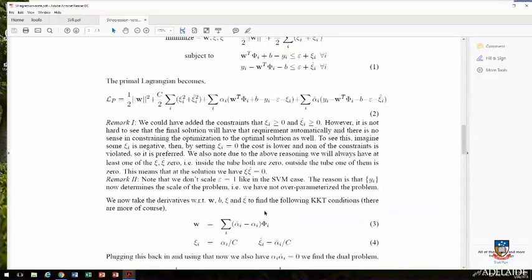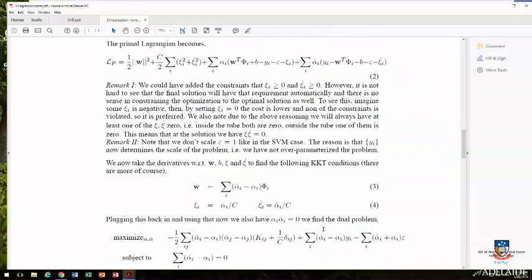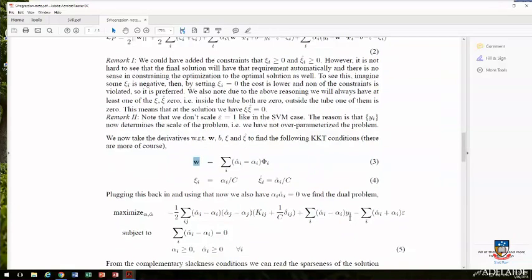Okay, then after you write the Lagrangian, the remaining part is just the same. You set the partial derivatives of the Lagrangian with respect to the set of variables to be 0, and then you get something like this. These equations are called KKT conditions in optimization.